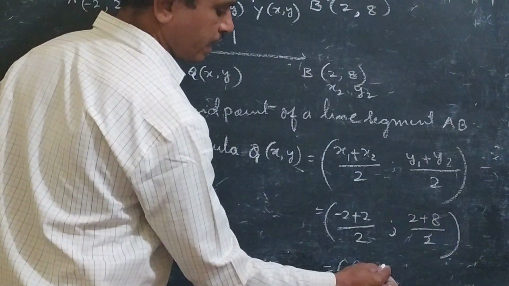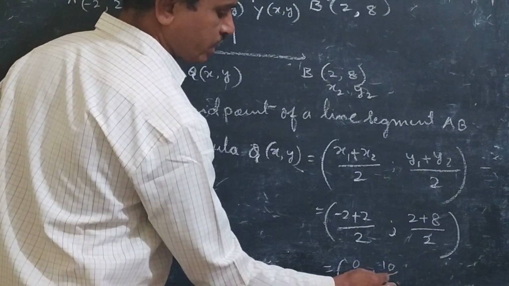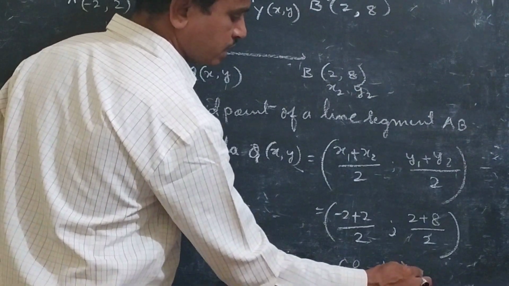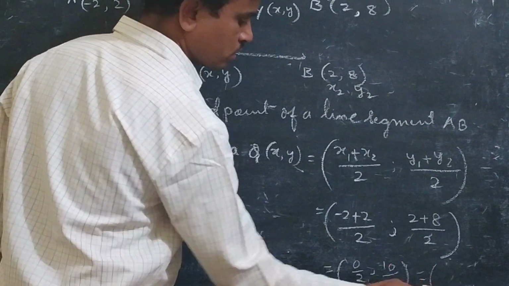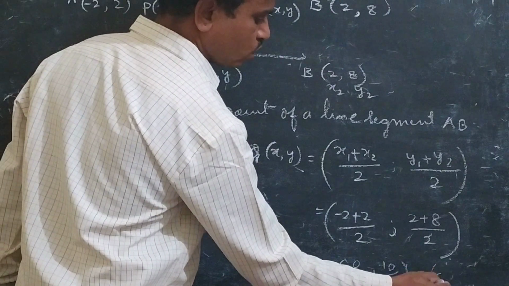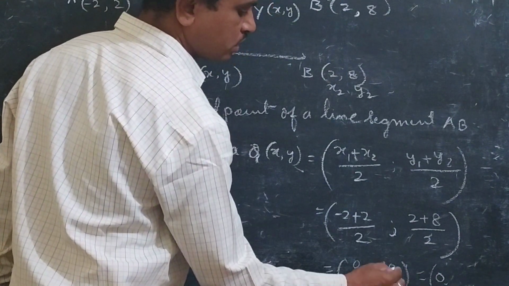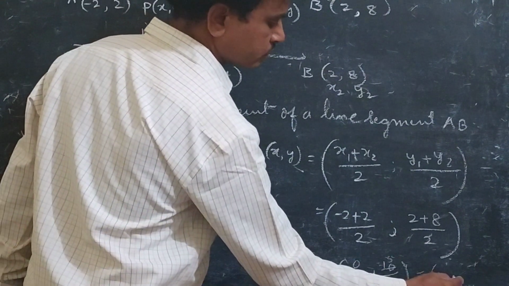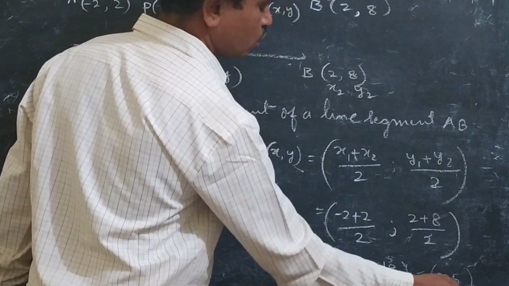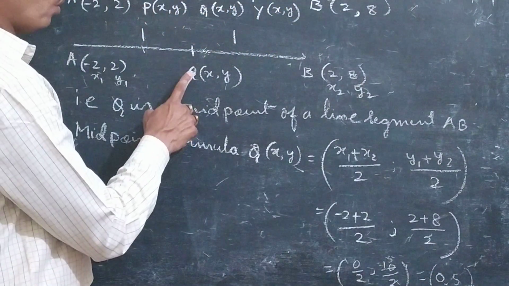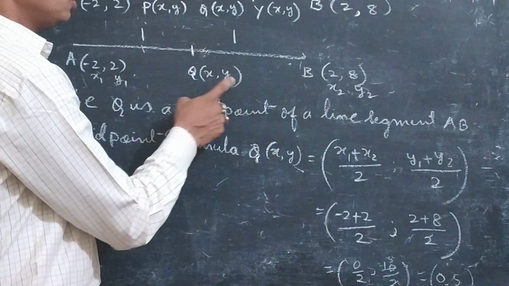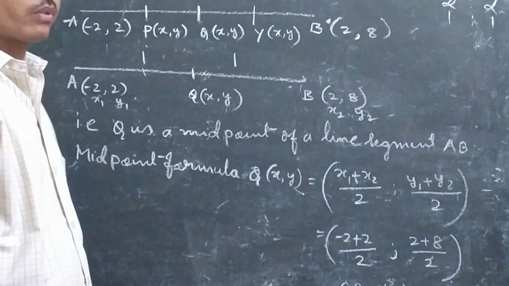Then 2 plus 8 is 10, 10 by 2. 0 by any number is 0, and 2 fives are 10. So the answer is (0, 5). That means the coordinates of point Q are (0, 5).